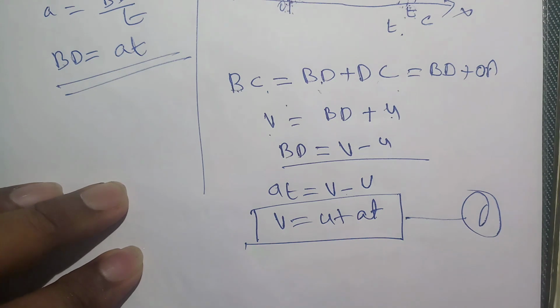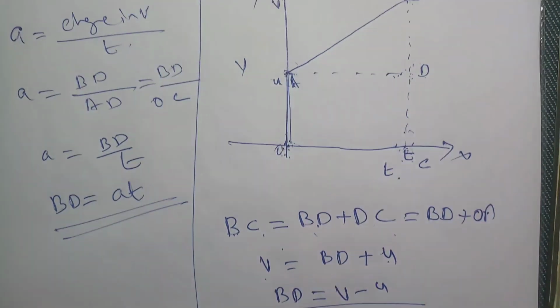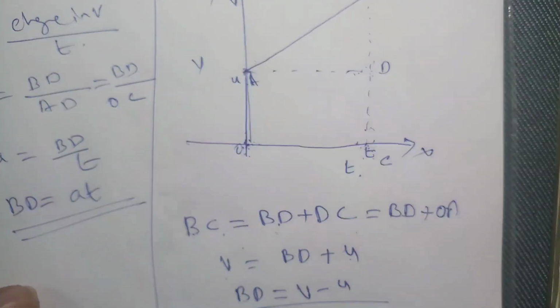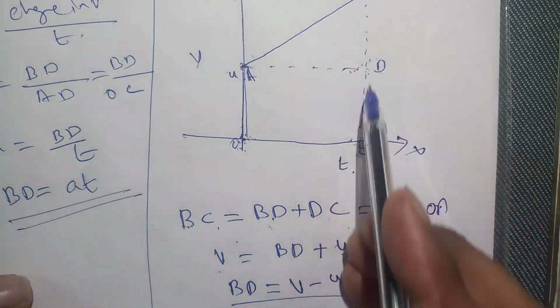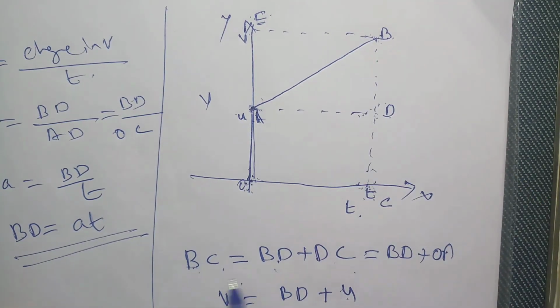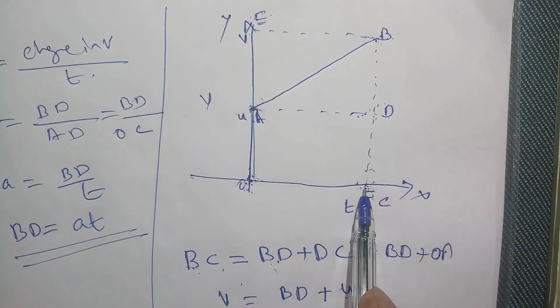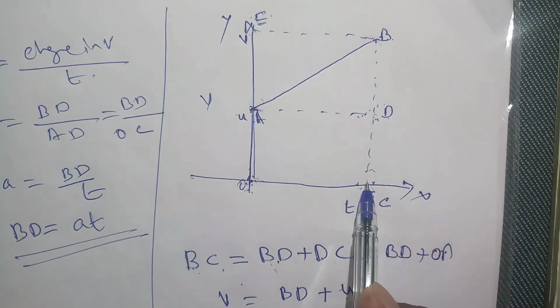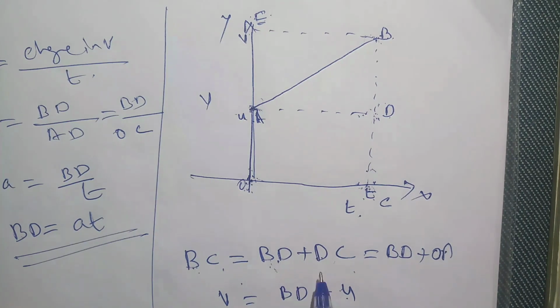If you did not understand, once more you see, first we drew this graph like this, and after this graph we took this side of the graph. So this side of the graph, it is BC is equal to BD plus DC, that is this total length is this length plus this length, and this length is same as this one. So you can write BD plus DC.